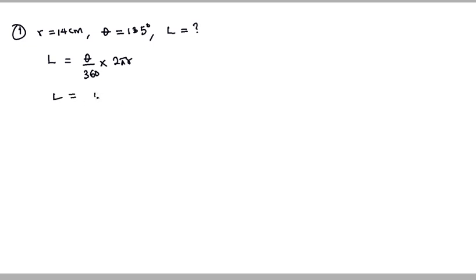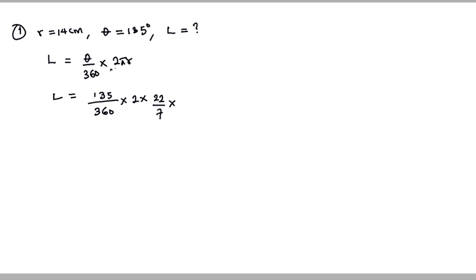Theta is 135 over 360 times 2 times, we are asked to take pi as 22 over 7. So I have 22 over 7 for my pi times my r is what?